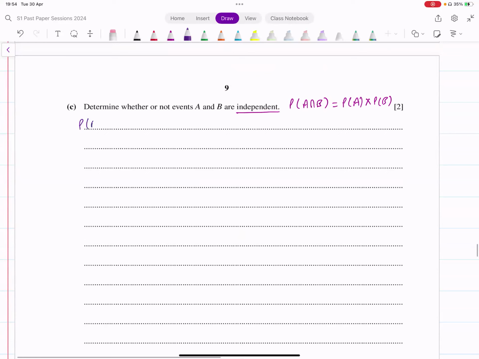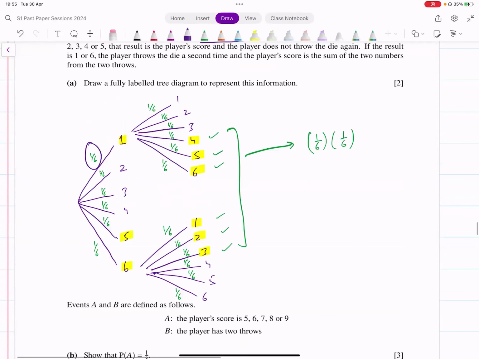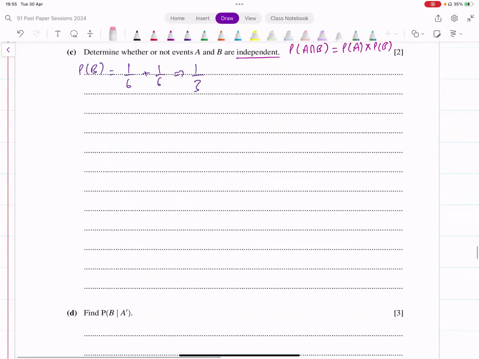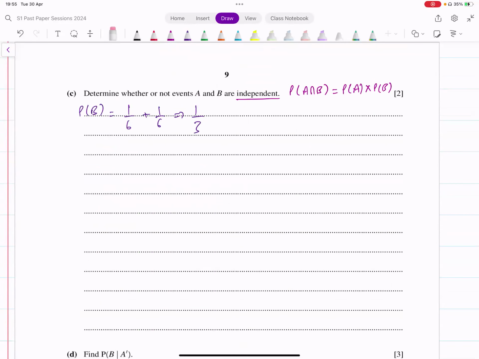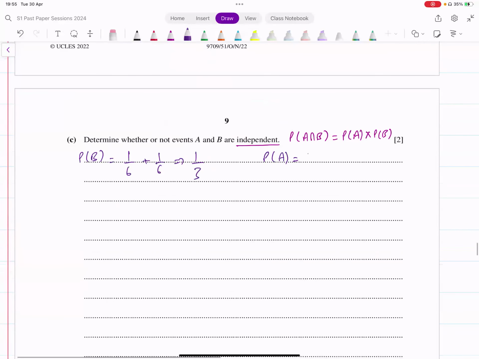Probability of B, which is that the player has 2 throws, is 1/6 plus 1/6, which is 1/3. This case and this case, you just add them up together. 1/6 plus 1/6, that's 2/6, which is 1/3. That's the probability of B. Probability of A was also 1/3. We found that above. Both of these probabilities are the same.